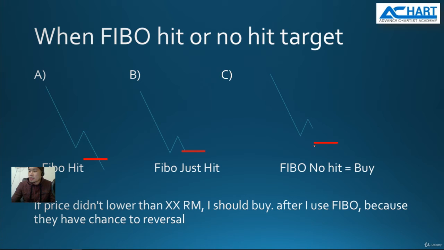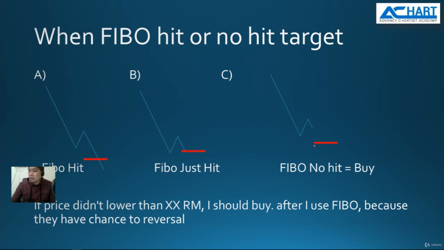If we see that it is not hitting its target point, then after it goes up, it has a high chance for reversal. You can use this to predict and to buy at a very low price.